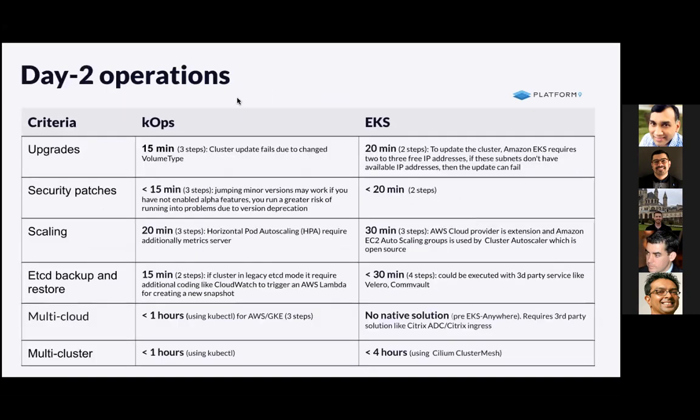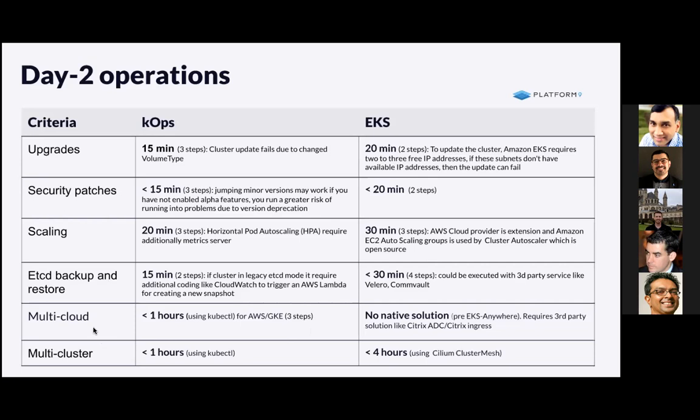And day 2 operations is, as you can imagine, again, it takes time with upgrades, security patching, scaling, etc. And one thing I want to point out on this slide is specifically multi-cloud, and we'll get into this in a second. There is no native solution in Amazon.